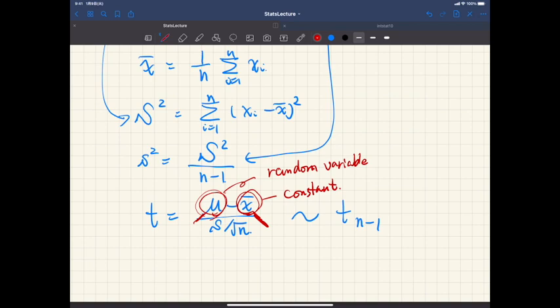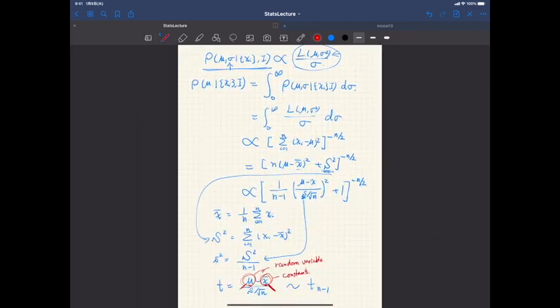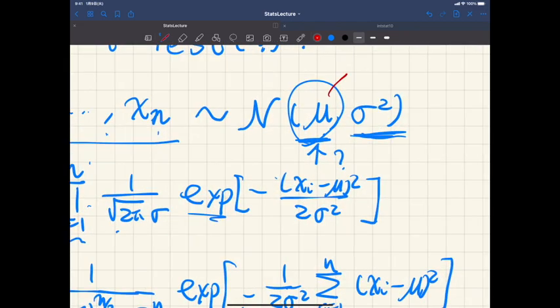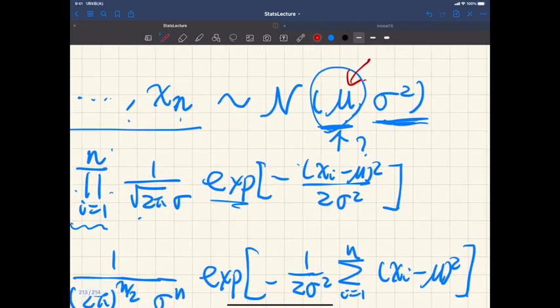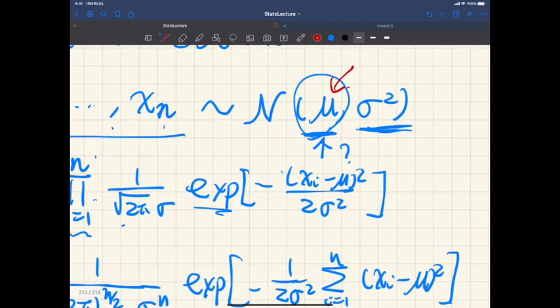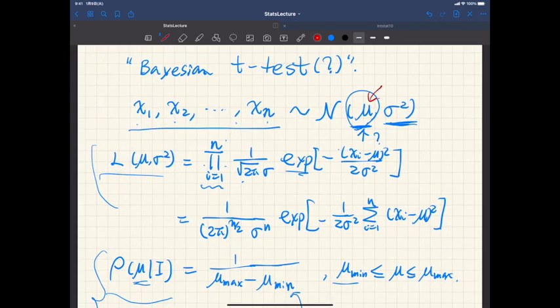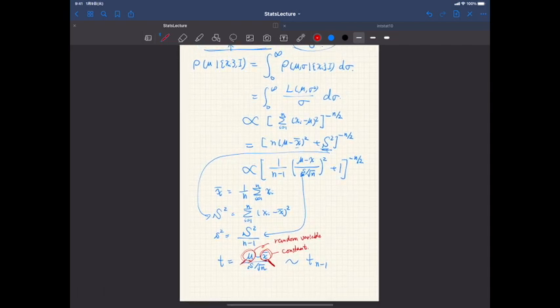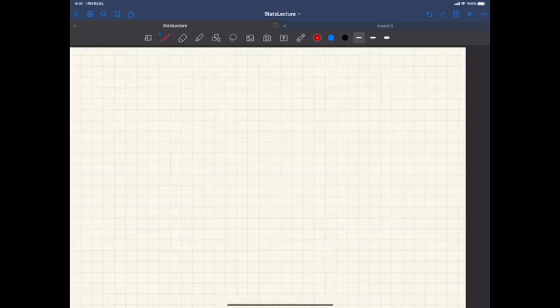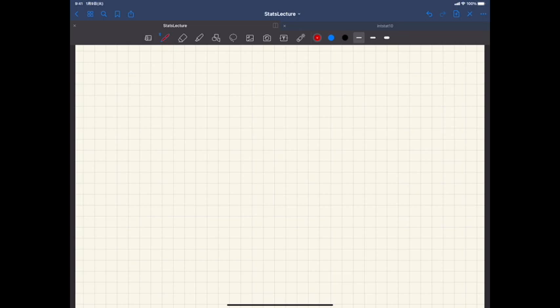But nevertheless, we still have the density function of the t-distribution, and this is the distribution of this mean, which is unknown, and it follows the t-distribution with n minus 1 degrees of freedom. Therefore, the density function of this t, so it's a t-distribution.